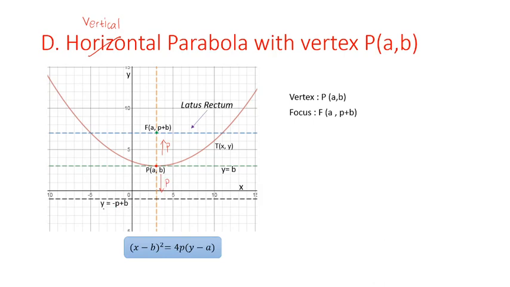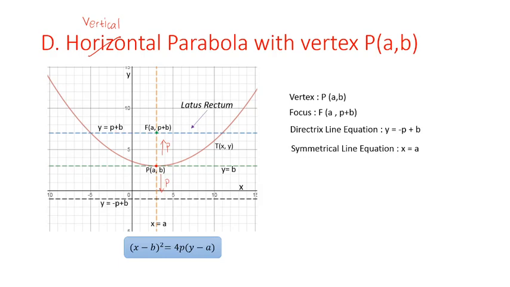For the symmetrical line equation, since it is parallel with the y-axis and passes through vertex a, the equation becomes x equals a.